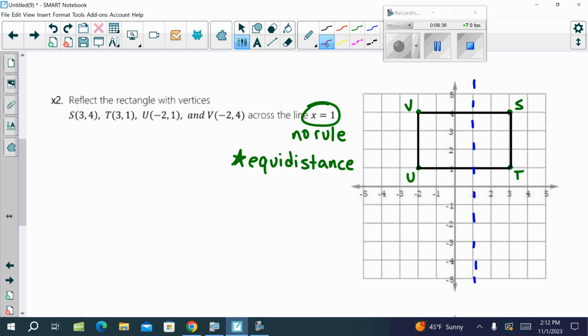So how far is v away from this line? 3. So we've got to go 3 on the opposite side. So equidistant over here would be v prime. Does that make sense? Okay, how far away is s? 2. So there's s prime. And then same thing for u and t.